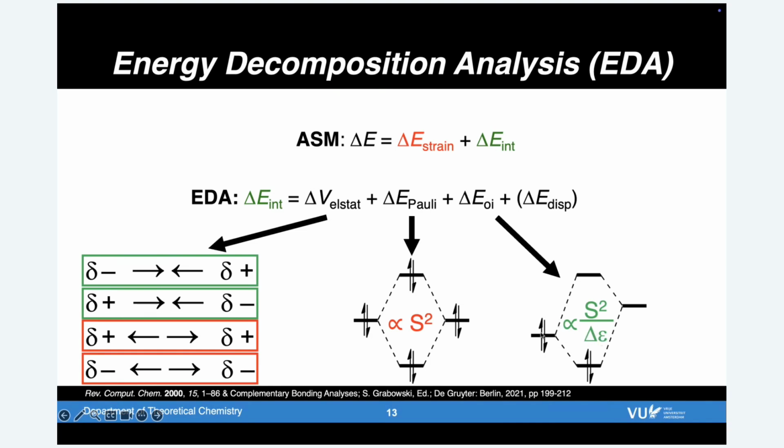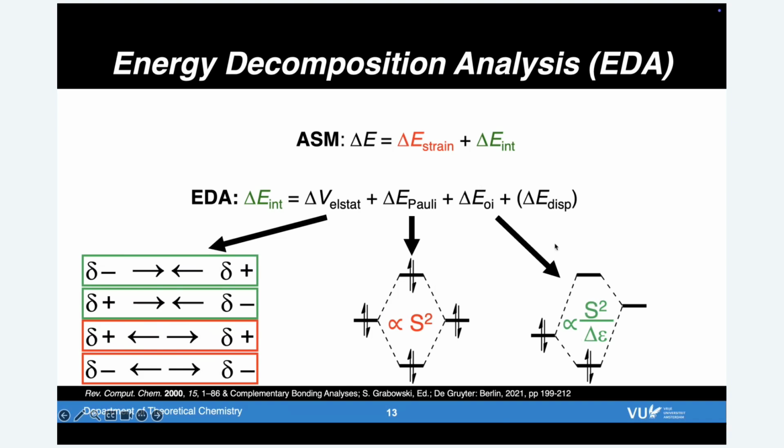So a smaller HOMO-LUMO gap means a smaller delta epsilon, and thus a larger orbital interaction. And in addition, the more those filled and unfilled orbitals overlap, also the greater the orbital interaction will be. So that's really the biggest difference between your Pauli repulsion and your orbital interactions: one's proportional just to the overlap squared and the other is proportional to the overlap squared divided by the energy gap.